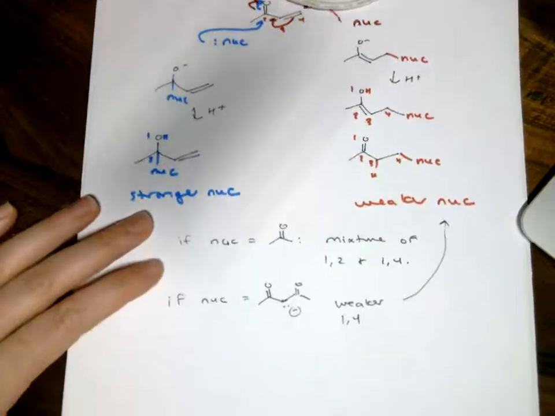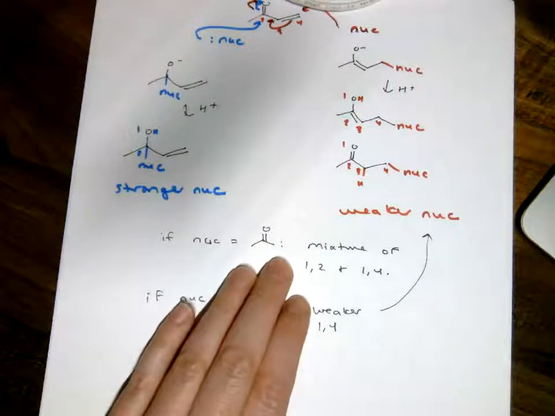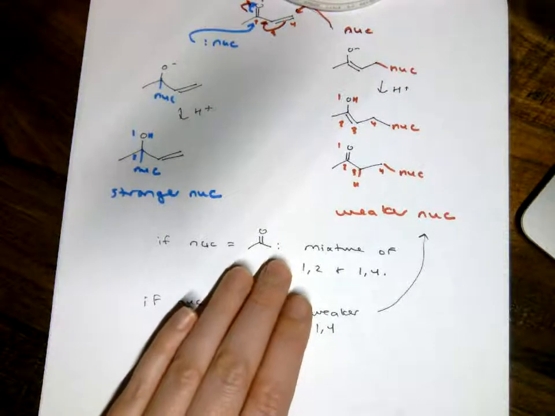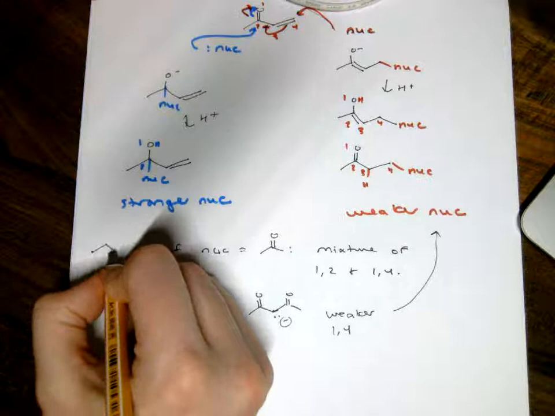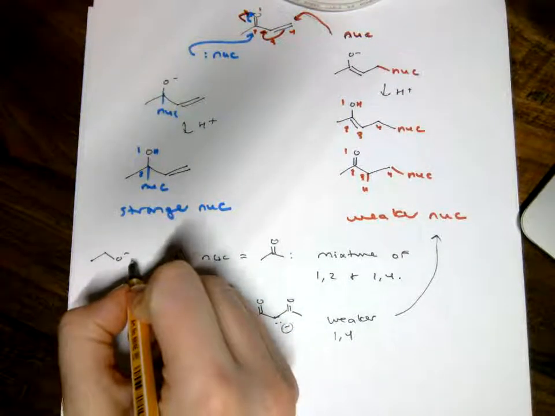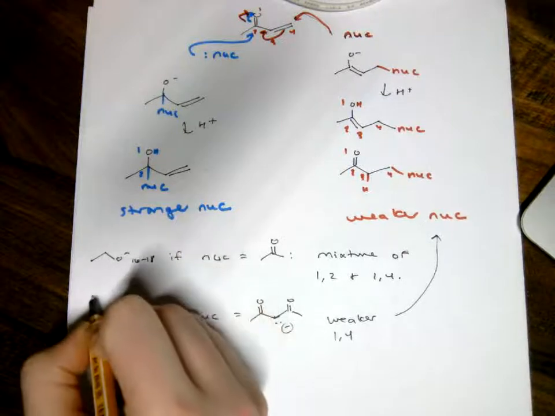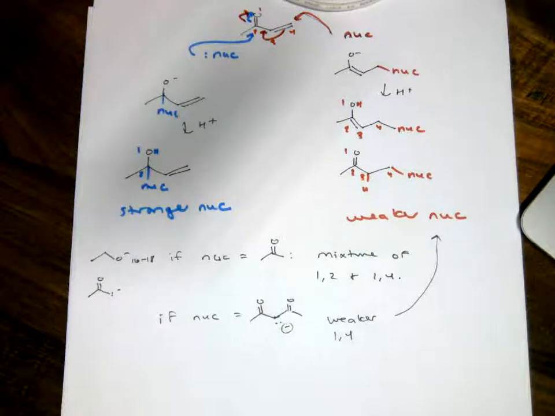Let me talk about this for a minute. This is kind of in the middle of a strong and weak nucleophile, right? Because if you think about your scale of strong nucleophiles, this is a pretty strong nucleophile. The conjugate acid pKa of that is 16 to 18. This conjugate acid pKa is about 20, right?